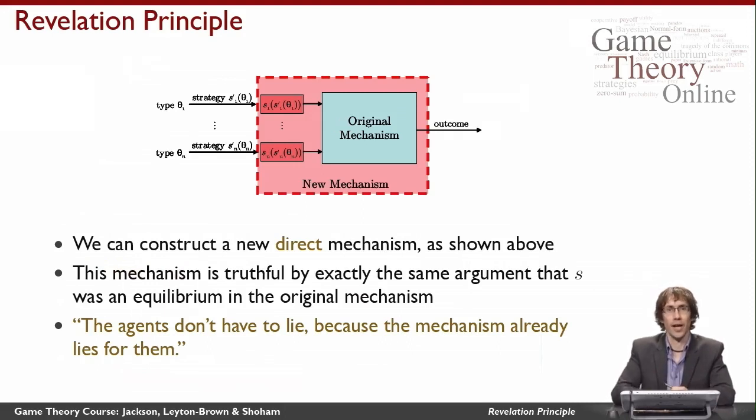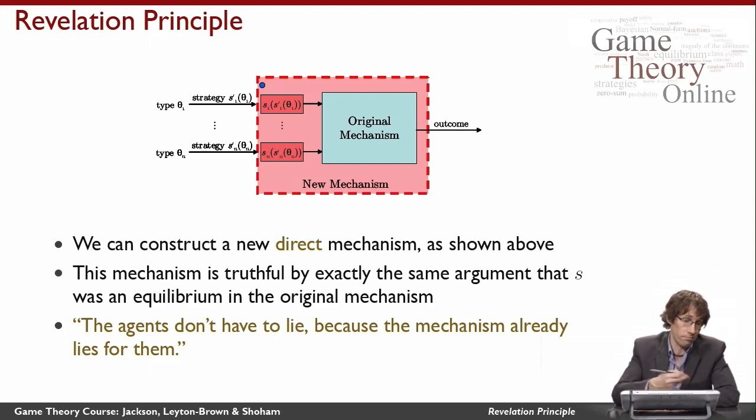Well, here's the punchline. I want to show that I can make a new direct mechanism which is truthful. And here's how I do it. I take the original mechanism and embed it in this new mechanism here. I'm going to make a new mechanism whose action space is the same as the type space. So I'm going to ask each of the agents, tell me what your type is. And of course, the agents can do whatever they want.